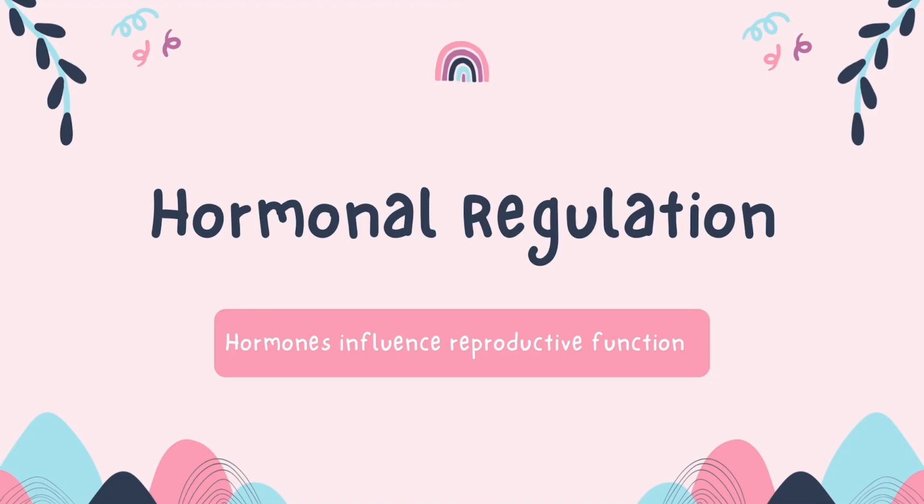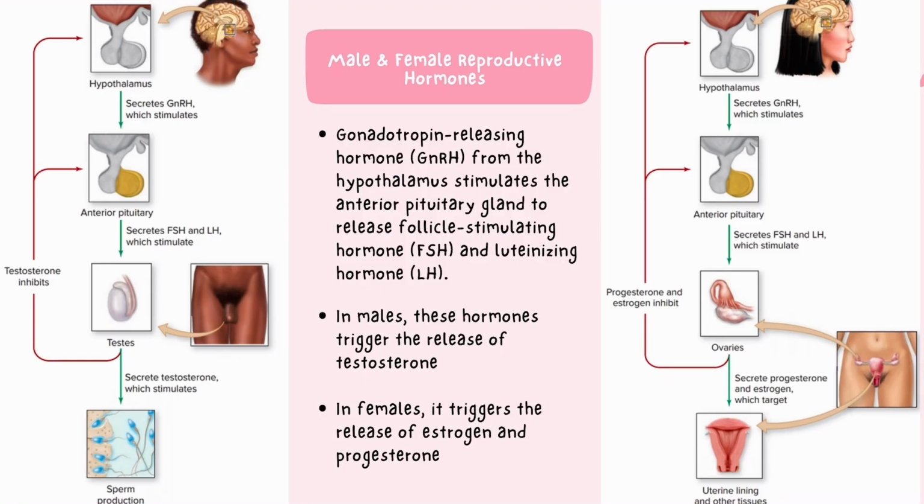Now let us talk about how hormones influence reproductive functions. Mammalian reproduction is governed by the coordinated actions of hormones from the hypothalamus, anterior pituitary, and gonads. Endocrine control of reproduction begins with the hypothalamus, which secretes gonadotropin-releasing hormone, or GnRH.